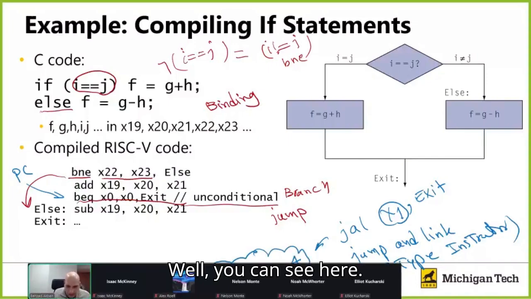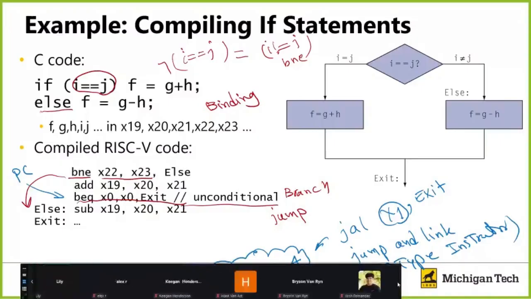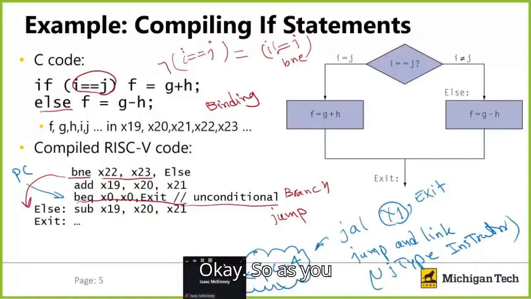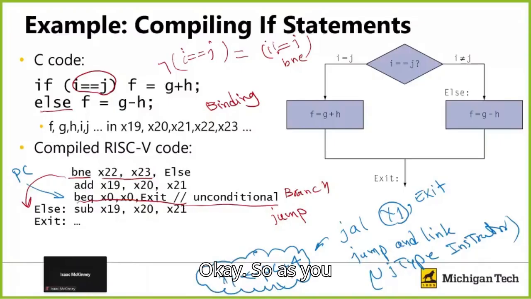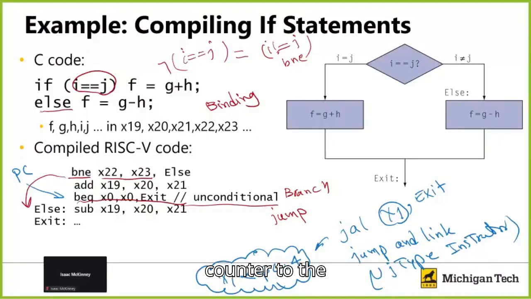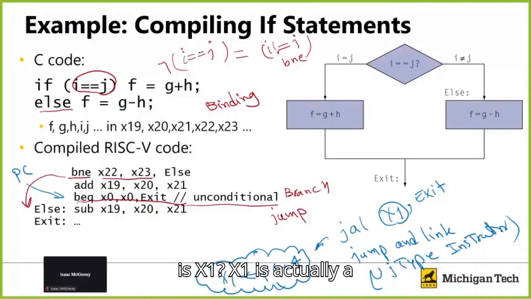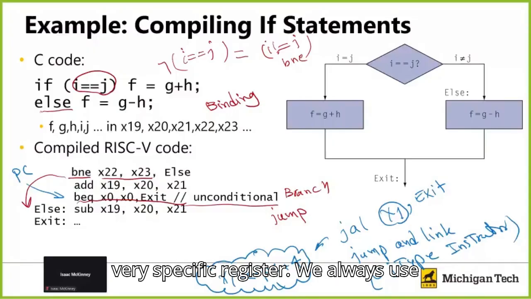As you can see, the link part of jump and link comes from loading the program counter into the register that we specified. What register is x1? X1 is a very specific register.